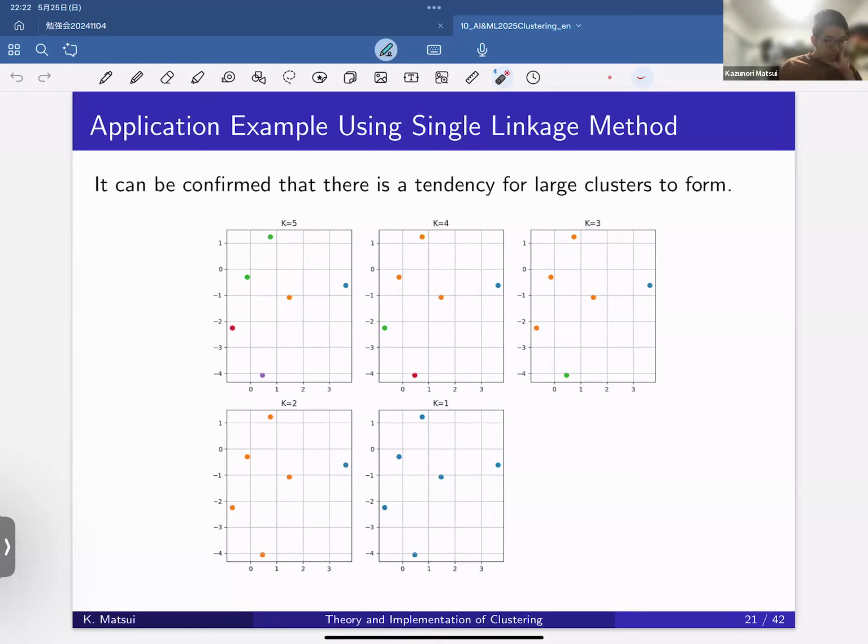In other words, since clusters take in the closest ones, once a large one is formed, there is a high probability that the closest one will be there, so it gets taken in.